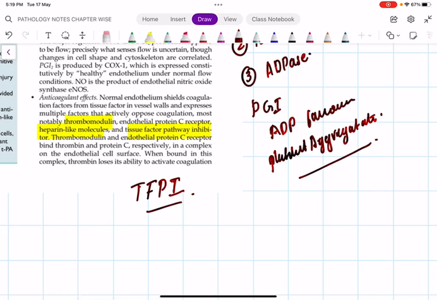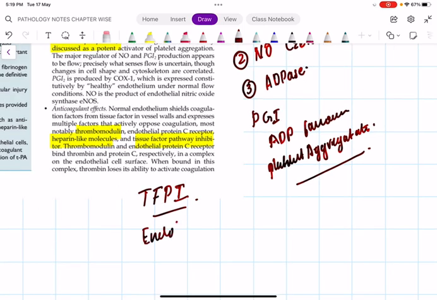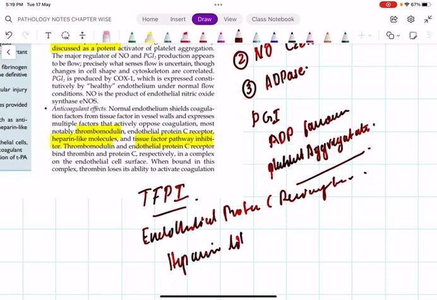Then endothelial protein C receptor. Protein C, protein S are all part of the fibrinolytic system, so they are also going to exert an anticoagulant effect, as well as the heparin-like molecule. Heparin is a natural anticoagulant produced within our body itself, that is, heparin-like molecules.